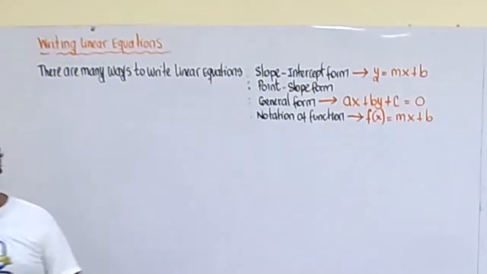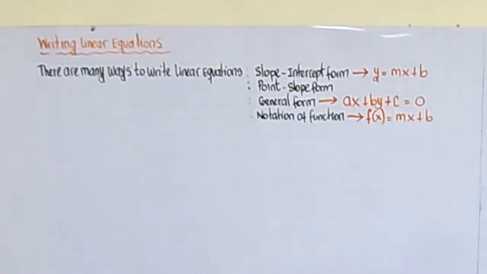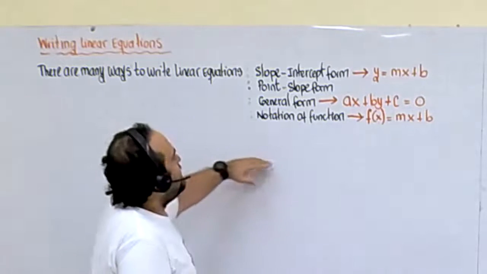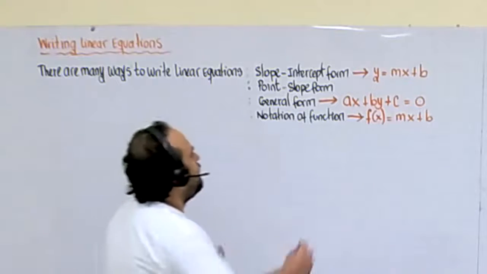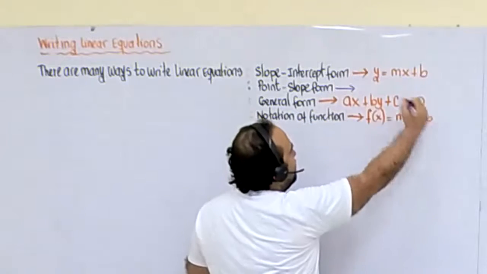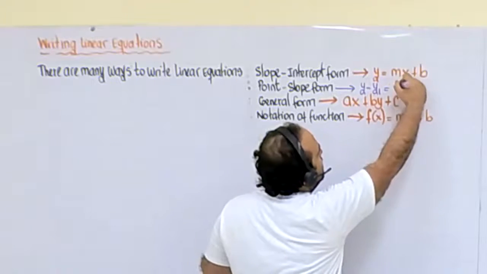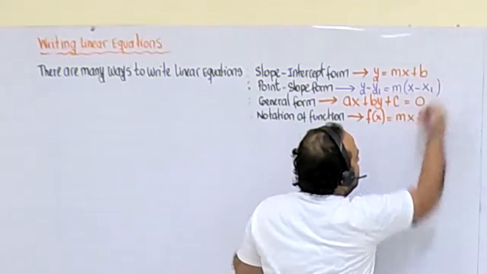In this point-slope form, my dear students, we have one singular formula that we apply to write this equation. The point-slope form will be useful even for deriving or writing the other forms of this equation. And this point-slope form is given by the following formula: y minus y1 equals m times parenthesis x minus x1.